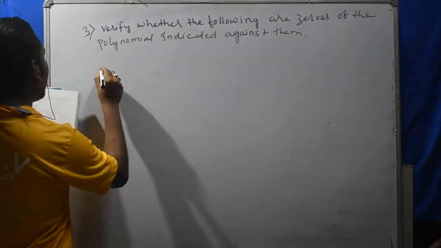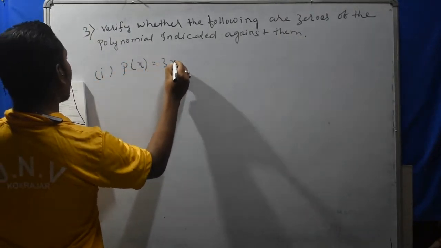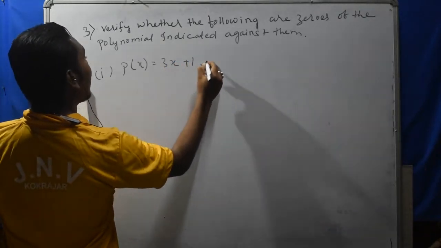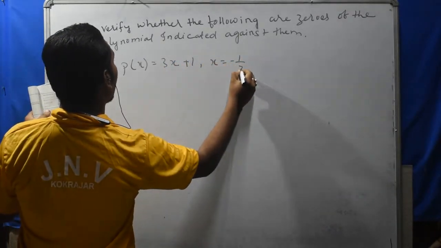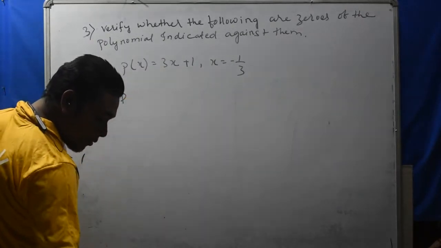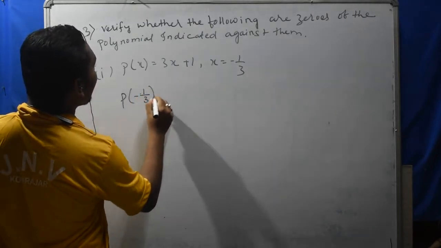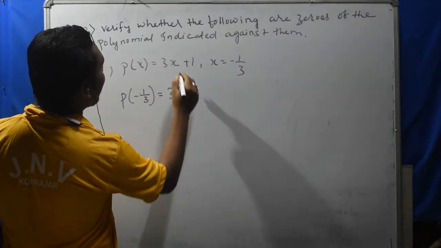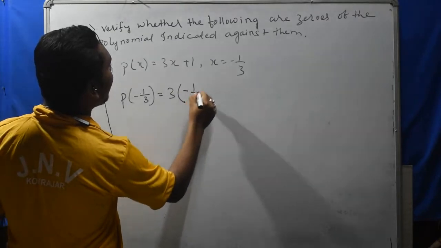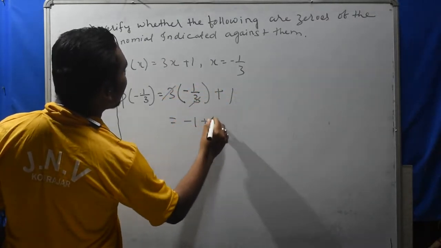Number 1, p(x) equal to 3x plus 1 at x equal to minus 1 by 3. So let us check this. P(-1/3) equal to 3 into, in place of x just replace it, minus 1 by 3, plus 1. 3 cancels, minus 1 plus 1 is equal to 0.